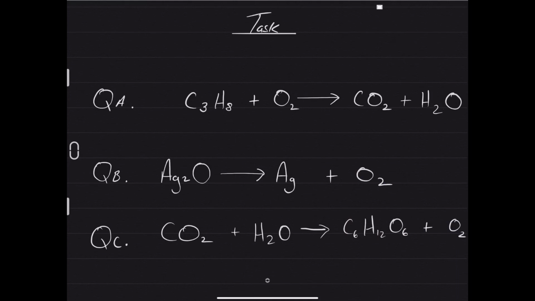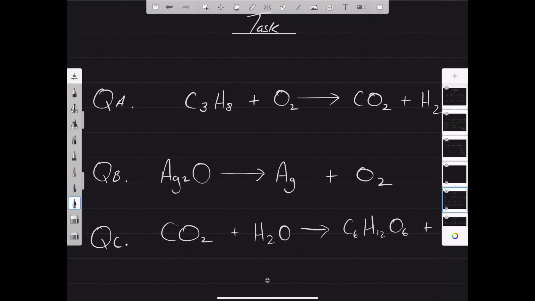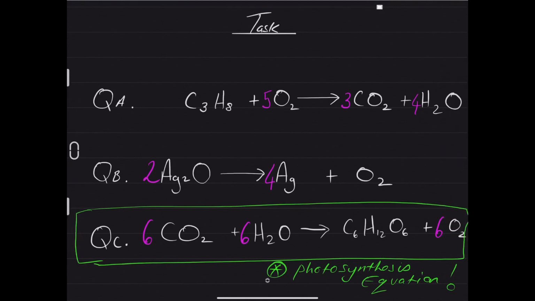Okay, so I'm hoping that you have attempted each of the 3 questions, and these are the solutions. So here you can see the solutions to A, B, and C. And the equation that I was hoping that you would spot was the third one, C, which was the photosynthesis equation.